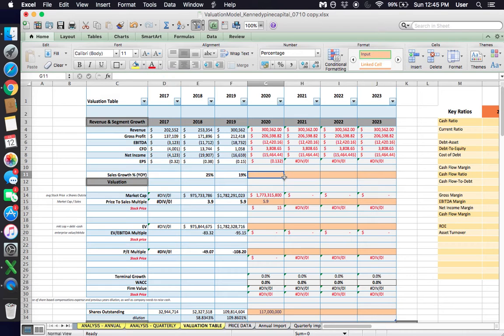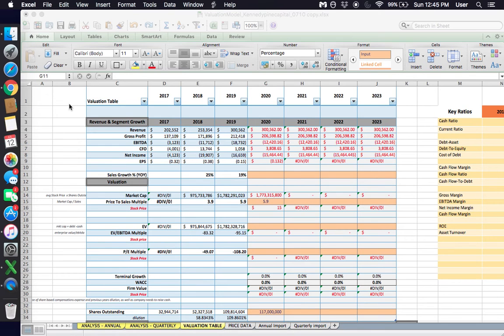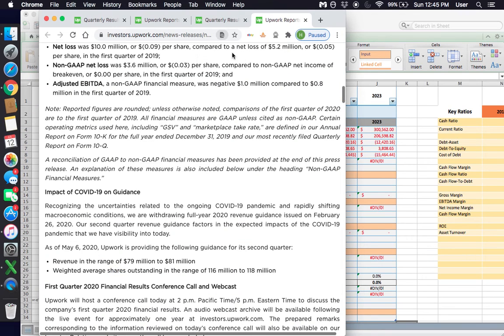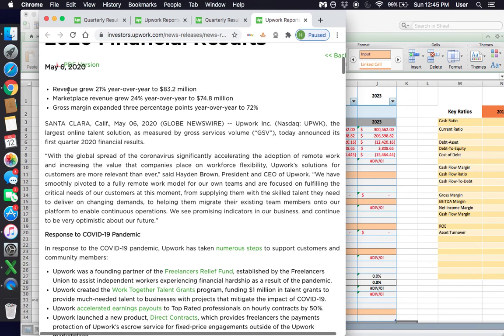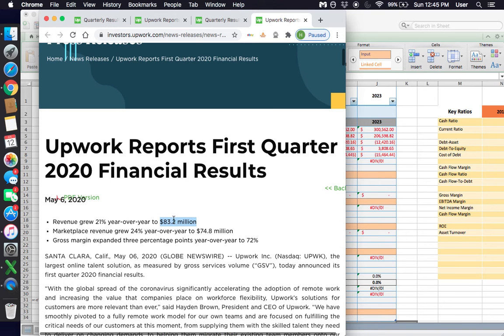So I could actually just check what Upwork's Q1 sales were, which if I go back to that report, so this is their Q1 2020 report. Revenue grew 20%. Okay, so their sales in Q1 2020 were 83 million.